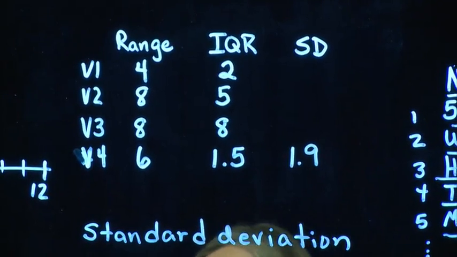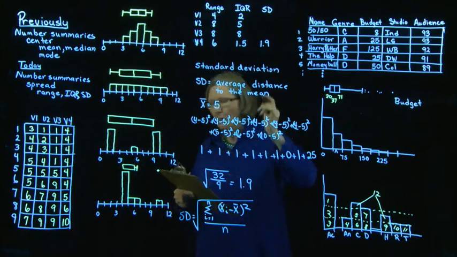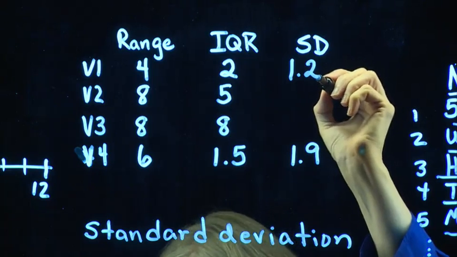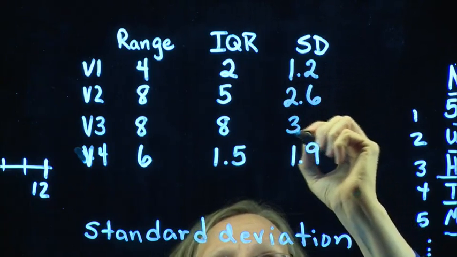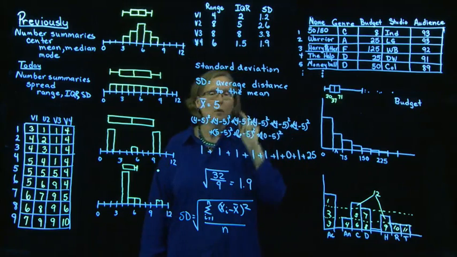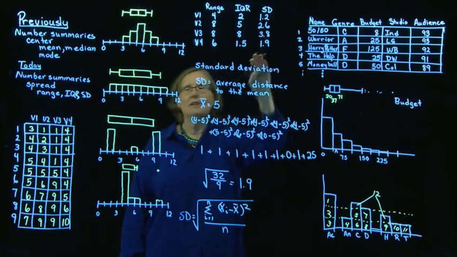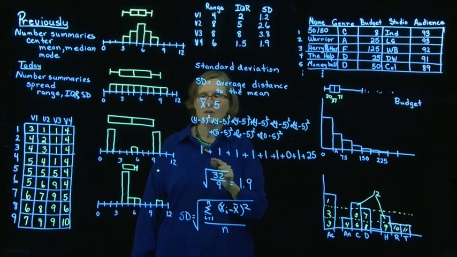Now I won't calculate the standard deviations for variable 1, 2, and 3, but I encourage you to do that on your own. They are 1.2, 2.6, 3.8, and 1.9. Notice in those standard deviations, for variable 3, we get the largest standard deviation.